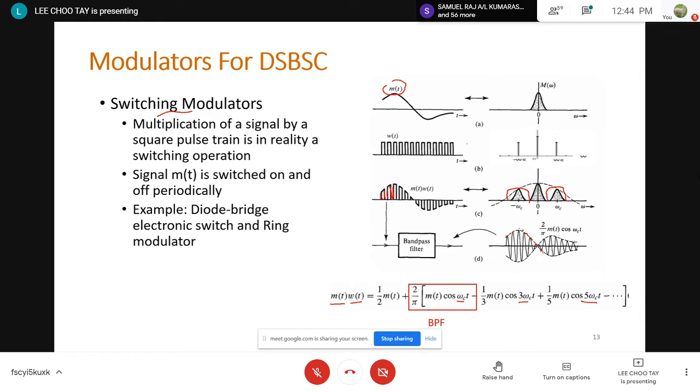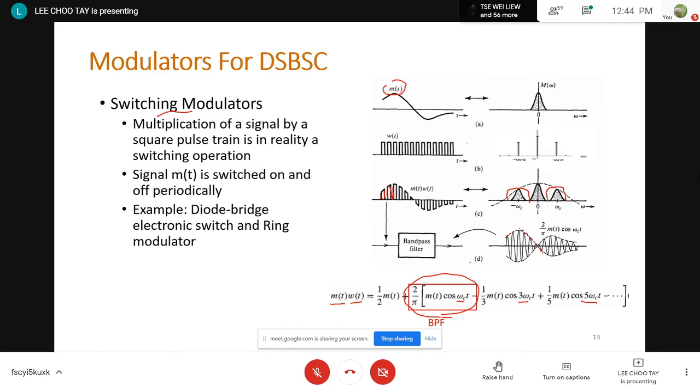Again, we are not interested in the harmonics. We just want the fundamental frequency here. Therefore, by passing this signal through a bandpass filter, we get this signal at the output, which is our double sideband suppressed carrier signal.